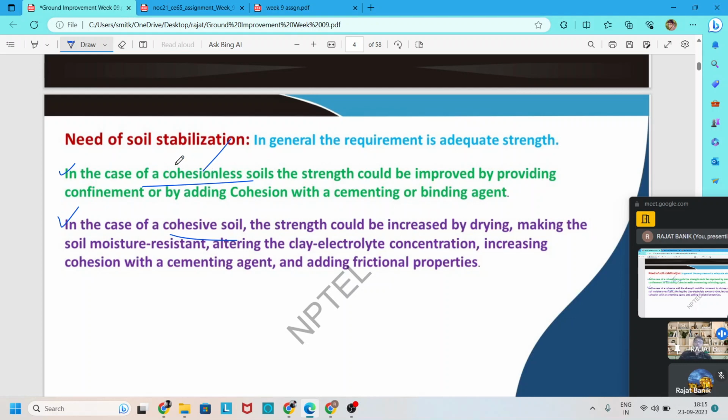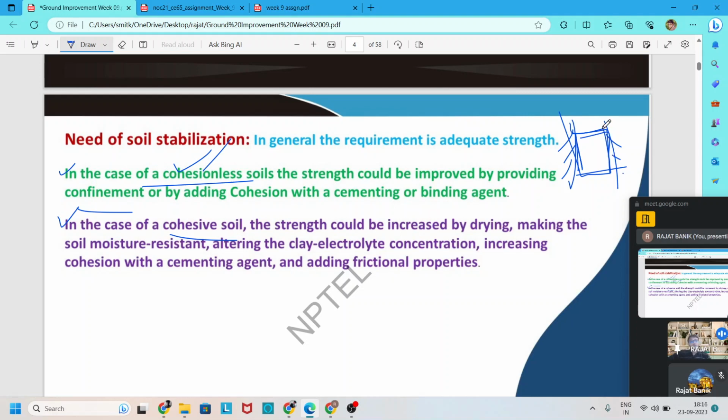So to improve the cohesionless soil, we provide confinement. That is, if a loose cohesionless soil is present, we need to improve it into a denser state. We confine this loose cohesionless soil around it, or apply confinement around it.